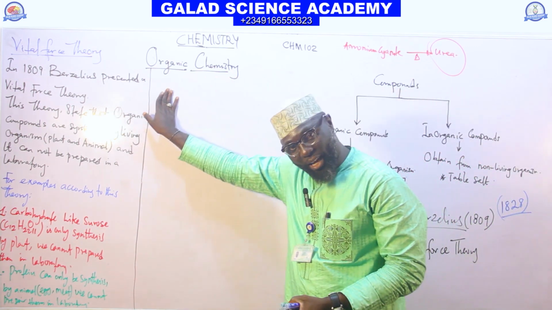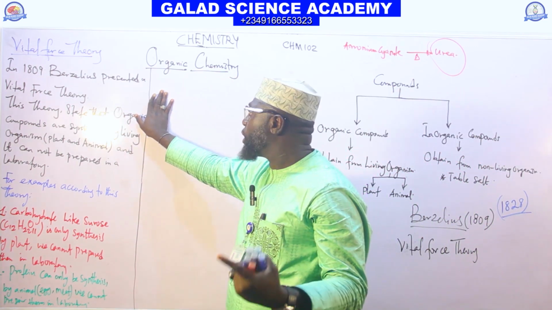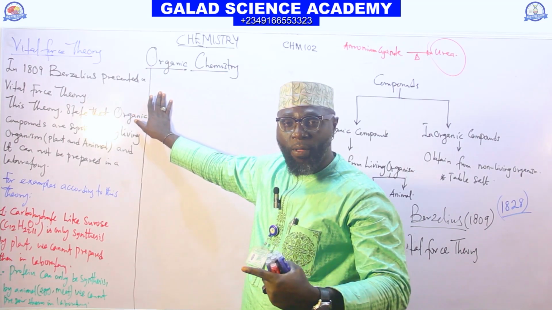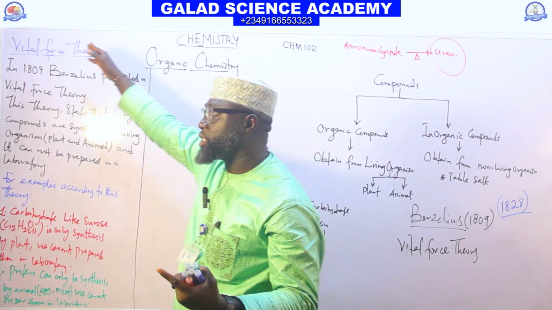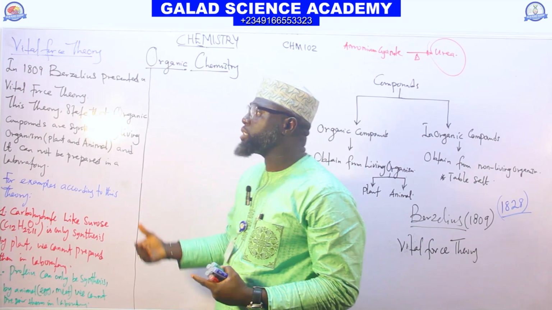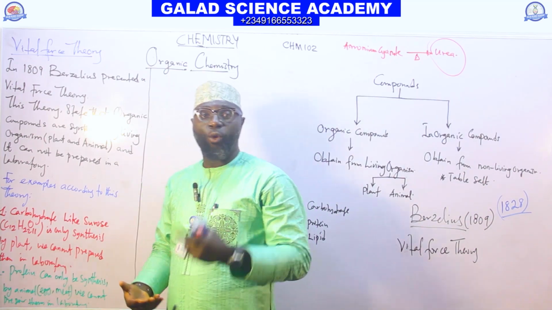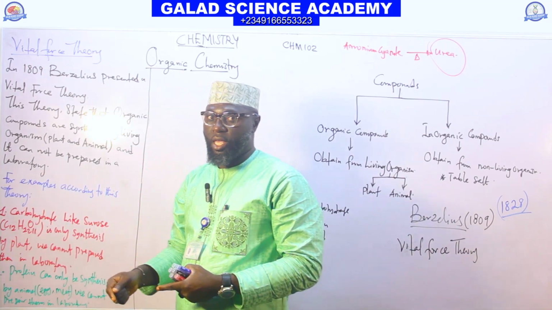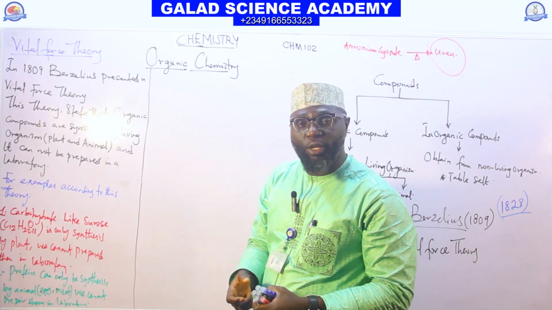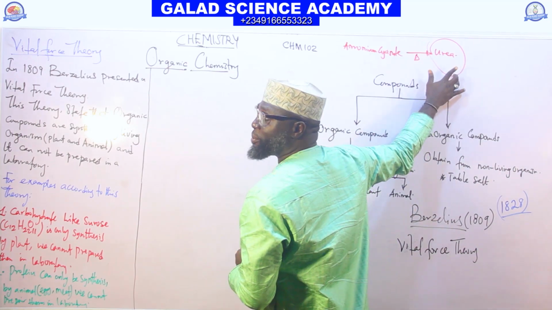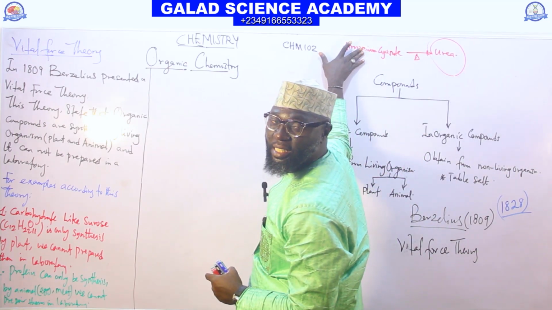Our topic is organic chemistry, so I am trying to explain the historical development of organic chemistry, from 1809 by Berzelius up to the German scientist who broke the vital force theory by preparing the first organic compound in the laboratory, called urea, from ammonium cyanide.